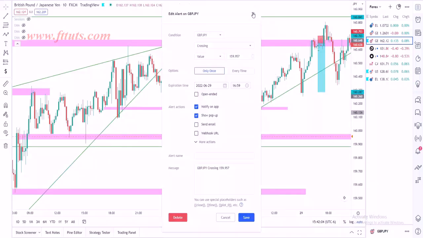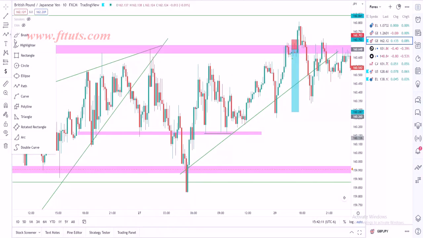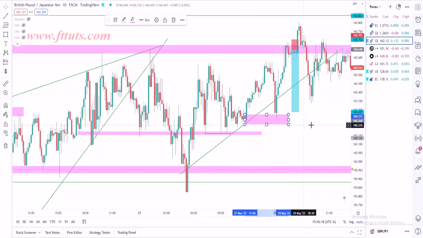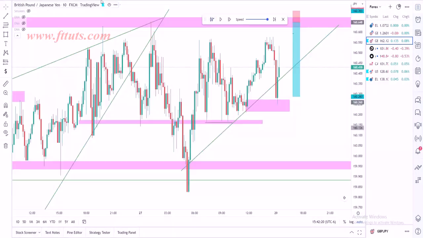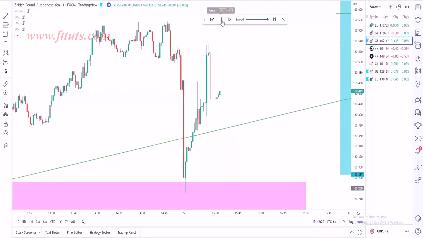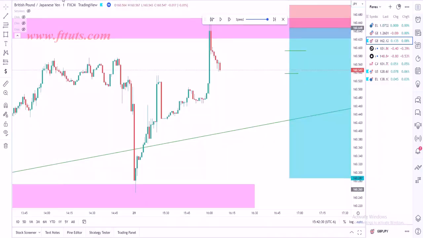So, here's one. And you can see that, right? You can see the sell, dramatic move away. Okay, so nothing happened there. It tapped the order block, but it didn't come back. Here it broke structure.